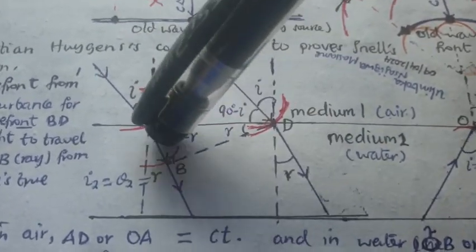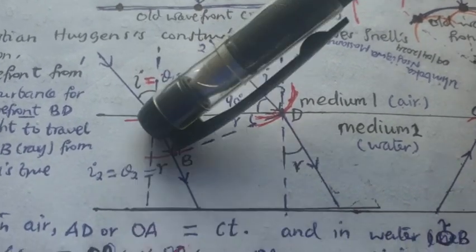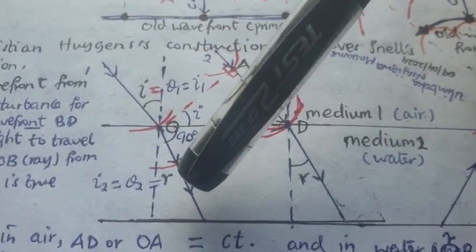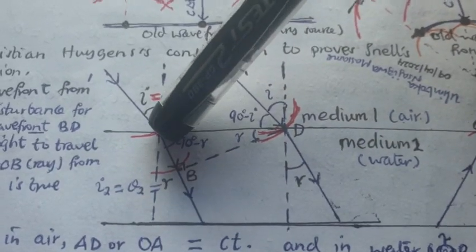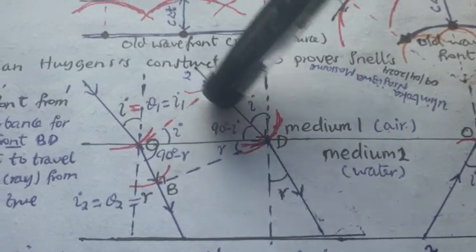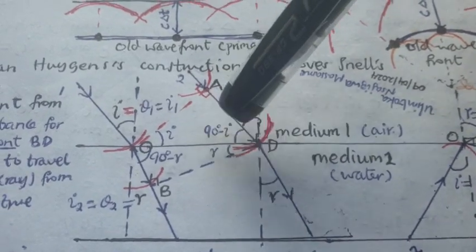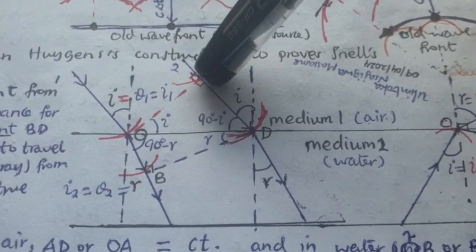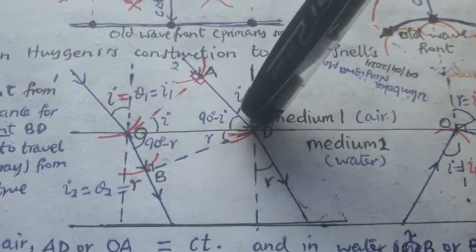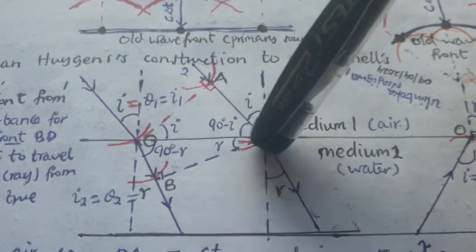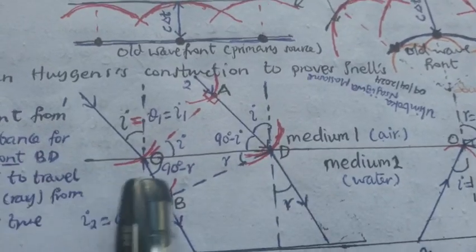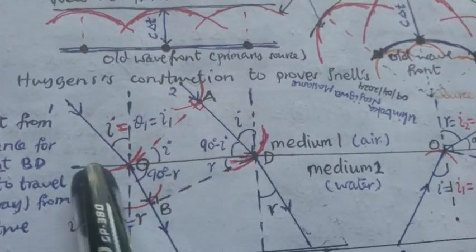Point O acts as a point source of disturbance to produce a spherical wavelet reaching point B in medium 2. Similarly, point source A produces a displacement from A to D, and D acts as a new point source.